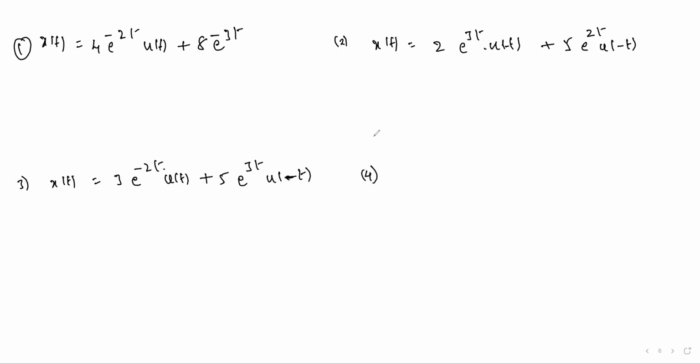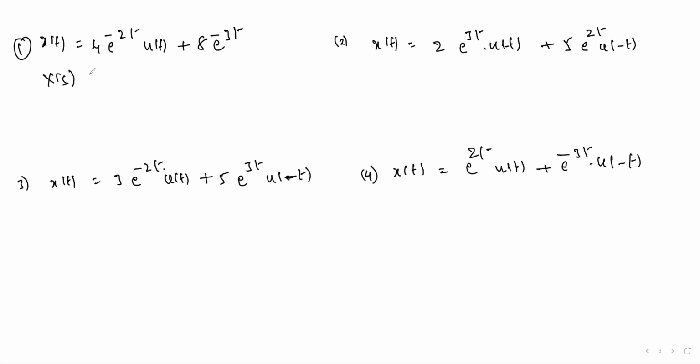Fourth: x of t is equal to e to the power of 2t u of t plus e to the power of minus 3t u of minus t. Find the Laplace transform and ROC of these signals. All are combinations of two exponential signals. Let us find them directly by using formulas.